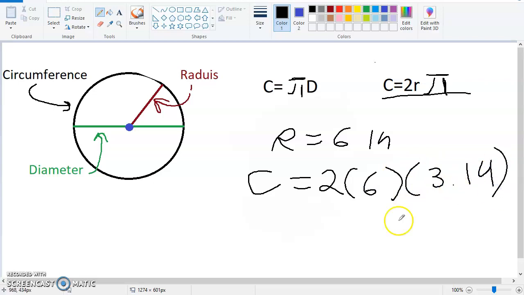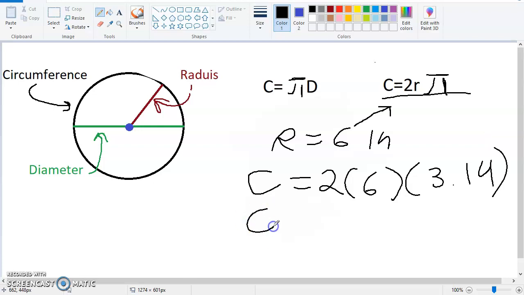That's the one you would plug it into, the one that has a radius. Take a second and plug that into your calculator and hit enter, and let me know what you get. You can also pause the video for a second, and that's a good way to check yourself.